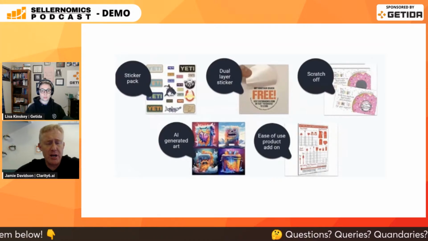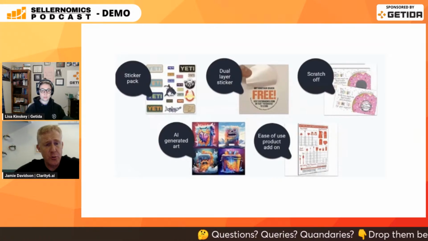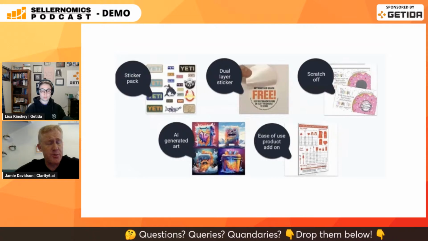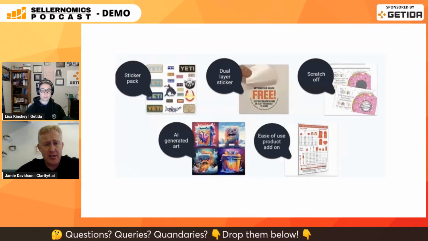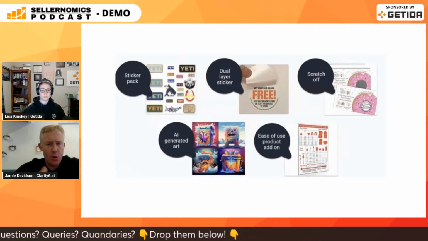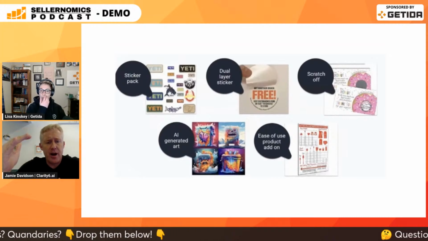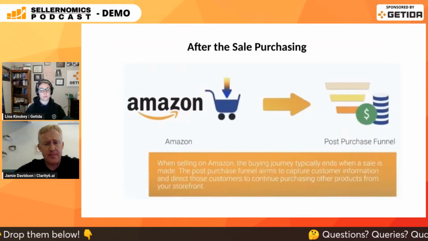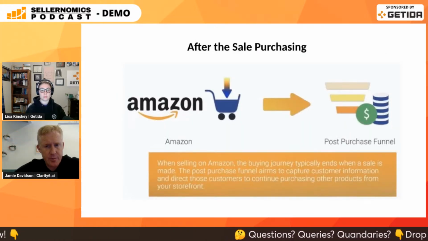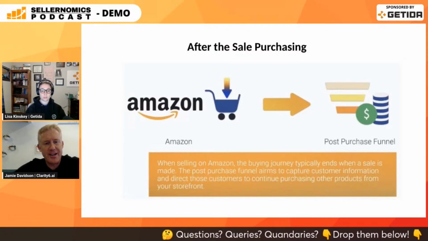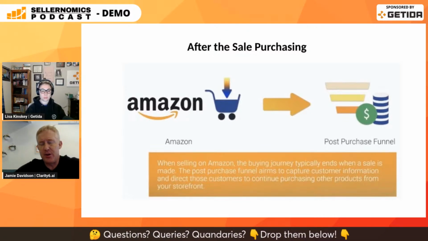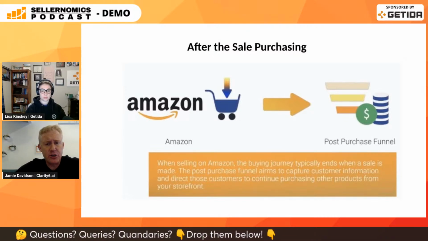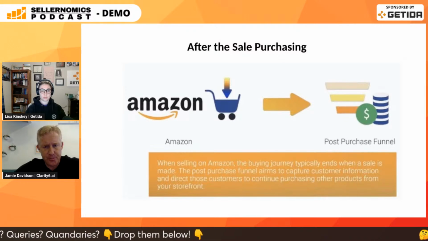And you can get really creative in terms of all the different ways of what you can do with your product inserts, especially now in terms of all the possibilities that exist, whether they're peel offs, whether you provide AI generated art, etc. So again, that's just a quick fundamental refresher around product inserts and how you can utilize them.